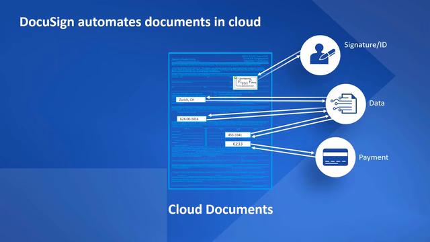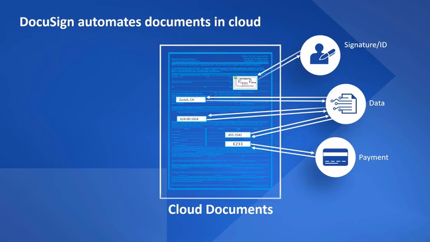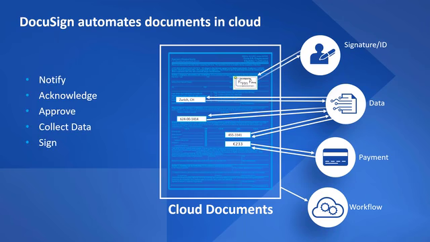We can also do payments, as I said before, and everything is behind a workflow that enables this process to be done seamlessly and digitally without the need of anything to go out of the process. So DocuSign is a great place to assist in notifications, acknowledgement of processes, approval or rejection of a process as well, collection of data, and signing documents as well.